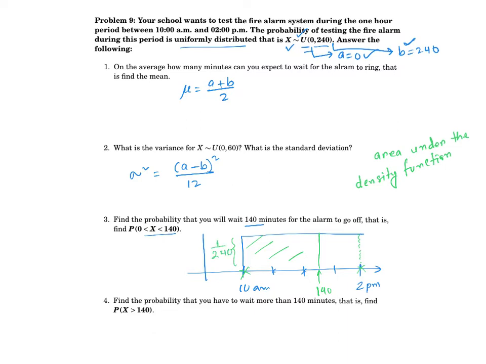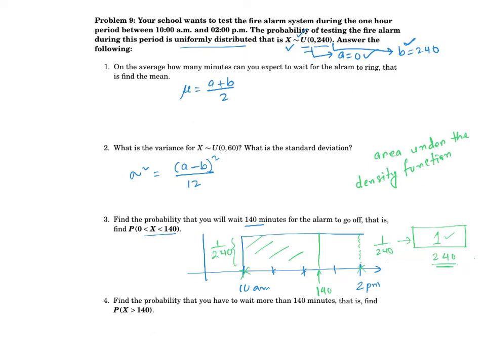Why is it 1 over 240? Think of a rectangle with width 240 and some height. We know that the total area is 1. So if the width is 240, what is the height? The height is going to be 1 over 240, because 1 over 240 times 240, width times height, is 1.